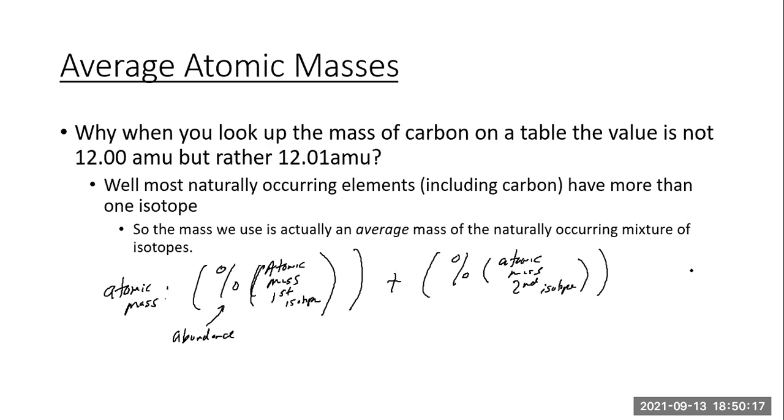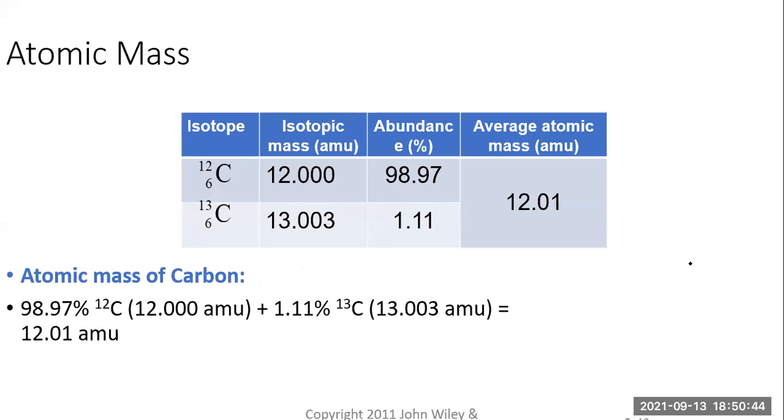Then we continue that pattern. When we think about all the naturally occurring isotopes for a particular element, we want the percentages to add up to 100%. Otherwise, we would be missing an isotope, right? If you don't have 100% of something, you're missing somebody. So we do want to make sure that our isotopes add up to it.